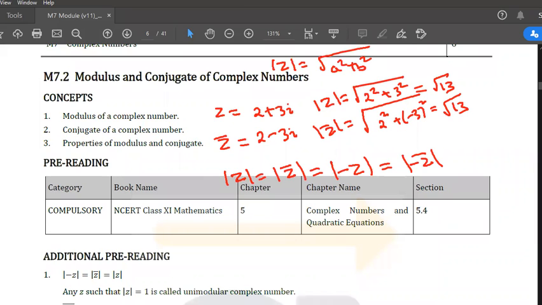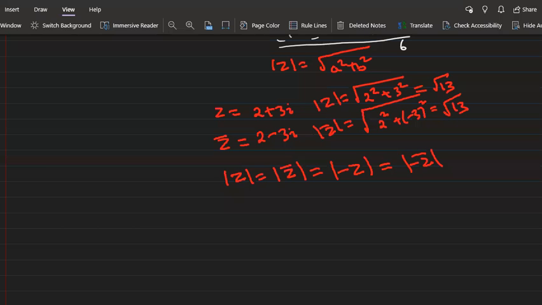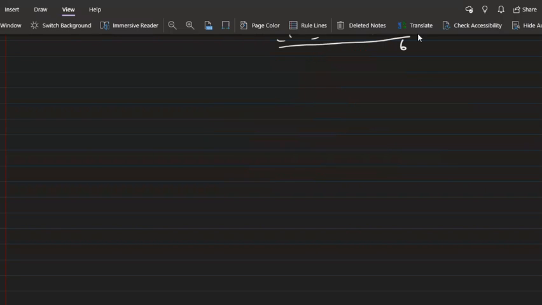Okay. So I'll just write over here. Properties of complex number. Properties of modulus and conjugate.